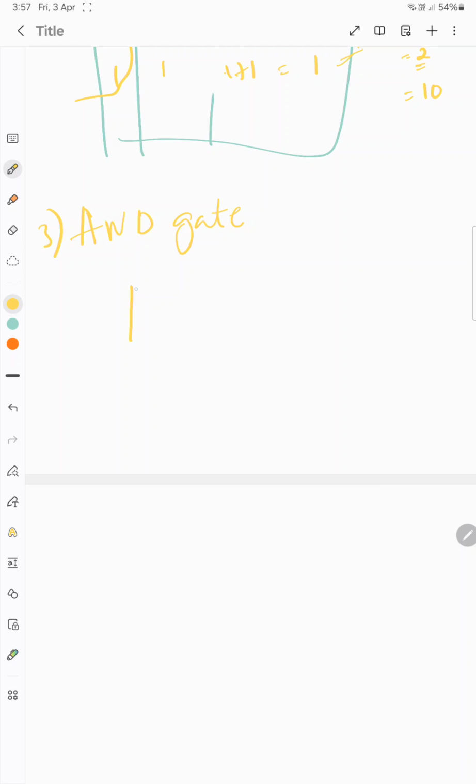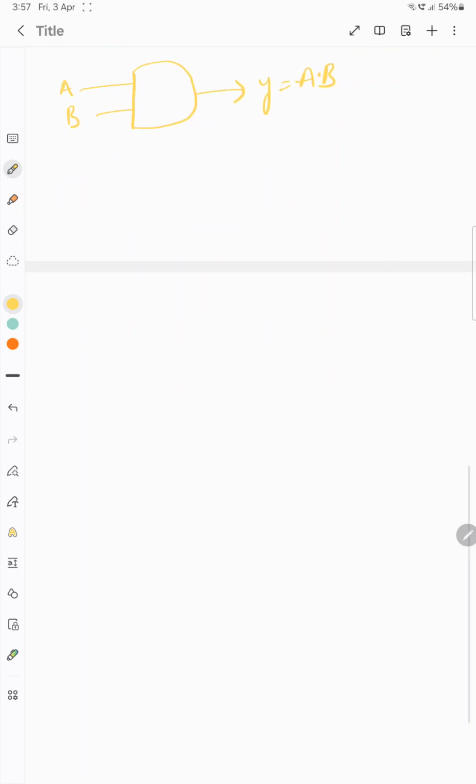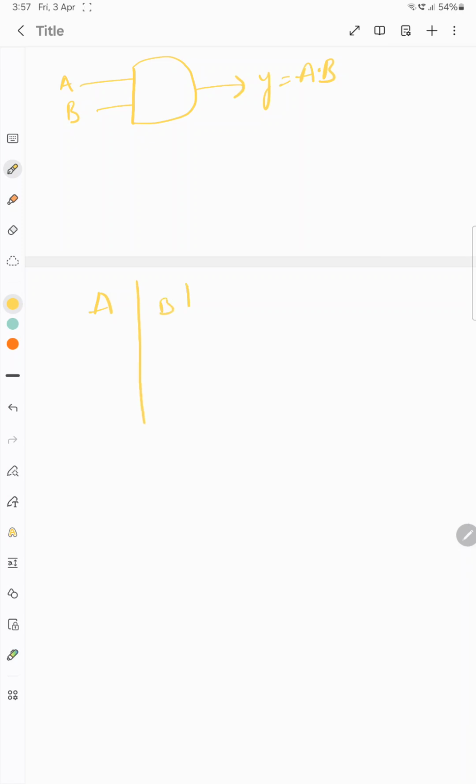Here also there are 2 inputs, but the representation is something like this: A, B, and Y is equal to A dot B. Now based on the truth table we are going to describe this: A, B, Y. If A is 0 and B is 0, A into B, 0 into 0 is 0, right?